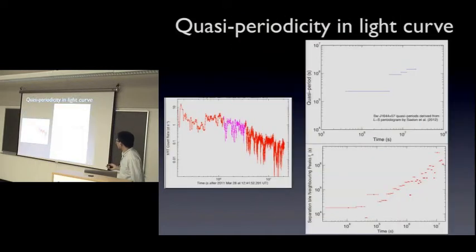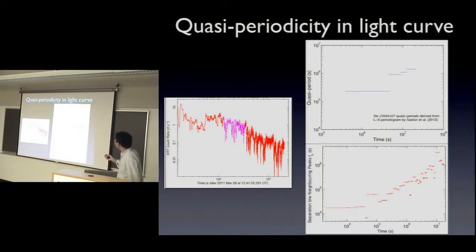So some people have done a systematic search for a quasi-periodic signal using a Fourier transform technique. They did this search for 4 different sections of the light curve, and they find some marginal evidence for a quasi-period. Here are the 4 quasi-periods from the 4 individual sections.